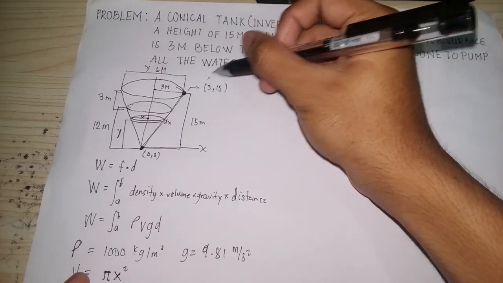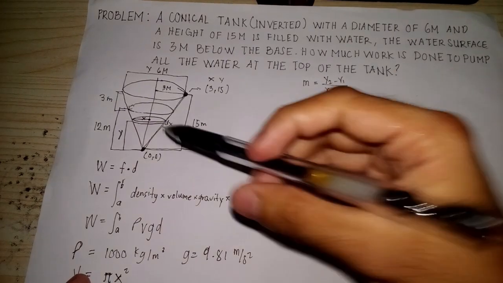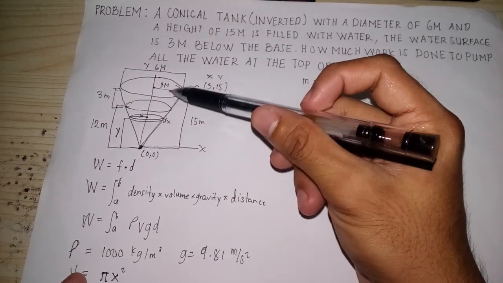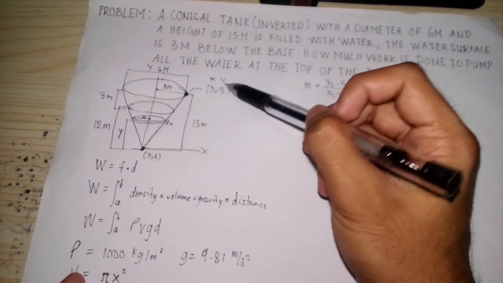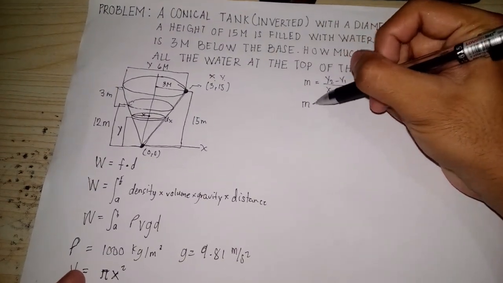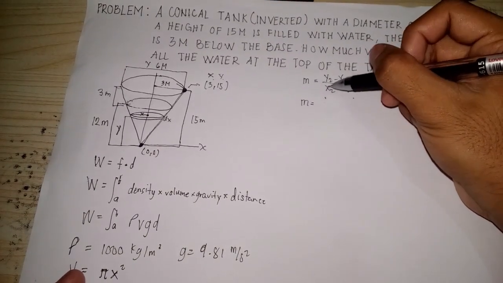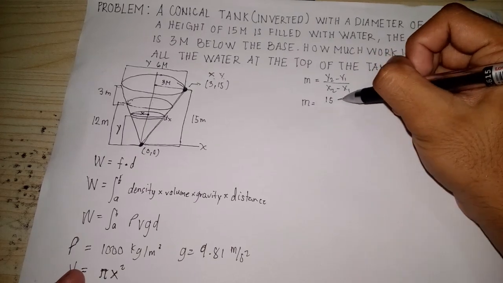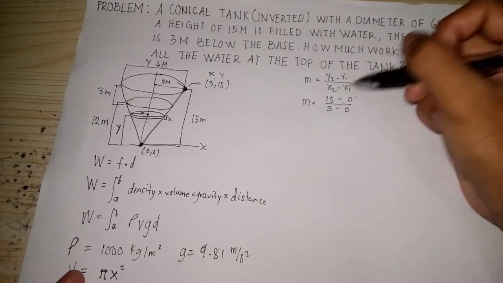So this is our x and this is our y. Now this is our x sub 1 and y sub 1. This is our x sub 2 and y sub 2. So substituting that, we should get of course y sub 2 is 15 minus 0 over x sub 2 is 3 minus 0.